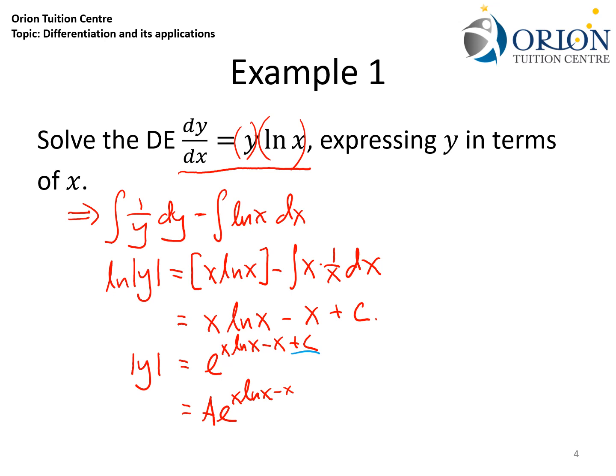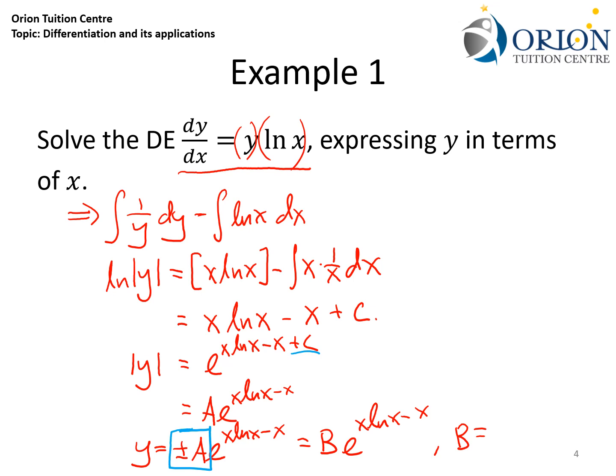I can rewrite this entire equation as y = ±a e^(x ln x − x), which again I can rename the arbitrary constant into b e^(x ln x − x), where b equals ±a, which equals ±e^c.